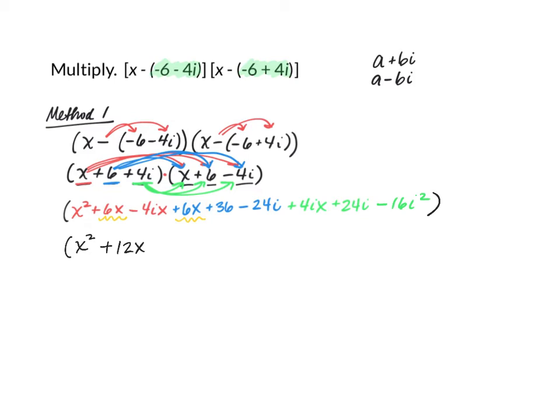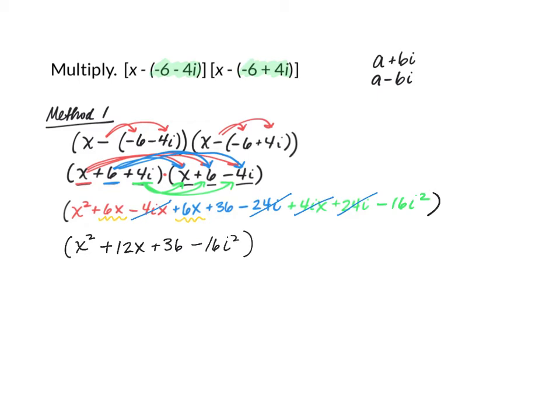Then we have a negative 4ix, which will subtract out with a positive 4ix. We also have a negative 24i, which will subtract out with a positive 24i. So we are left with a positive 36 and then a negative 16i squared.